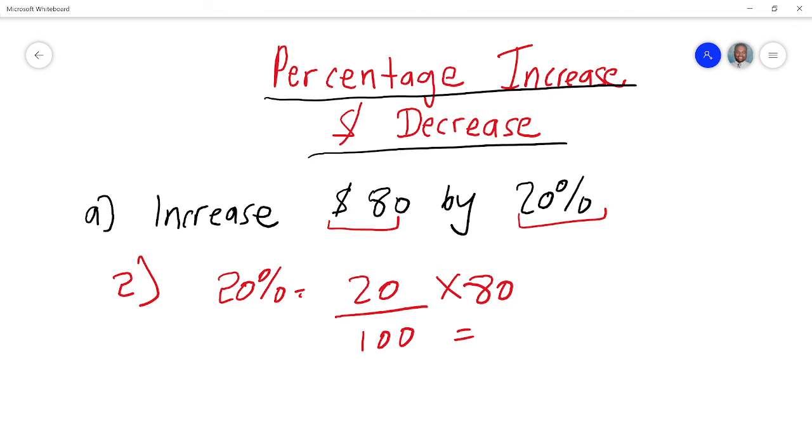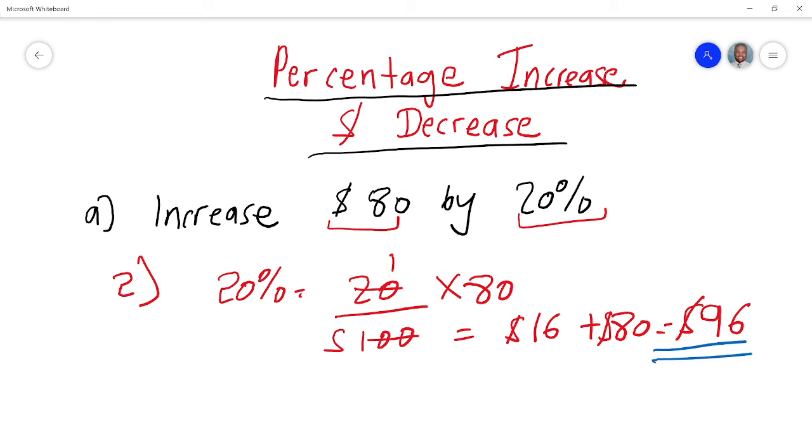So that now becomes 1, that becomes 5. 80 divided by 5 is $16. And then you add 80. Why? Because you're increasing. Remember, you know very well, the value of $80 is going to increase. So you're going to get $16 plus $80, and you're going to get $96, exactly like the previous step.